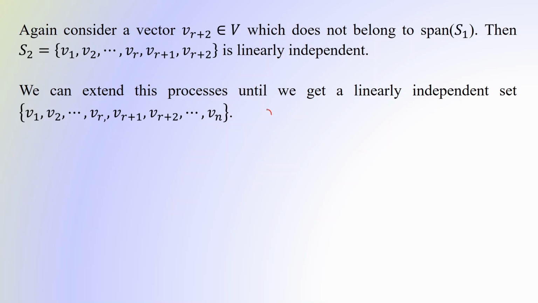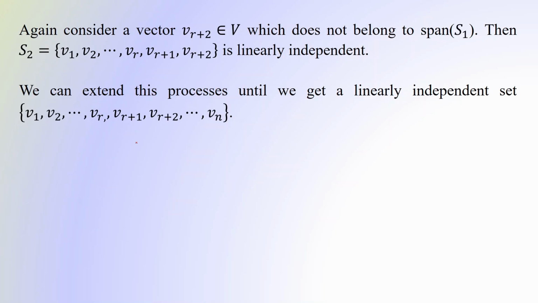So here you have n minus r added elements, and here you have r elements. Altogether it contains n linearly independent vectors.